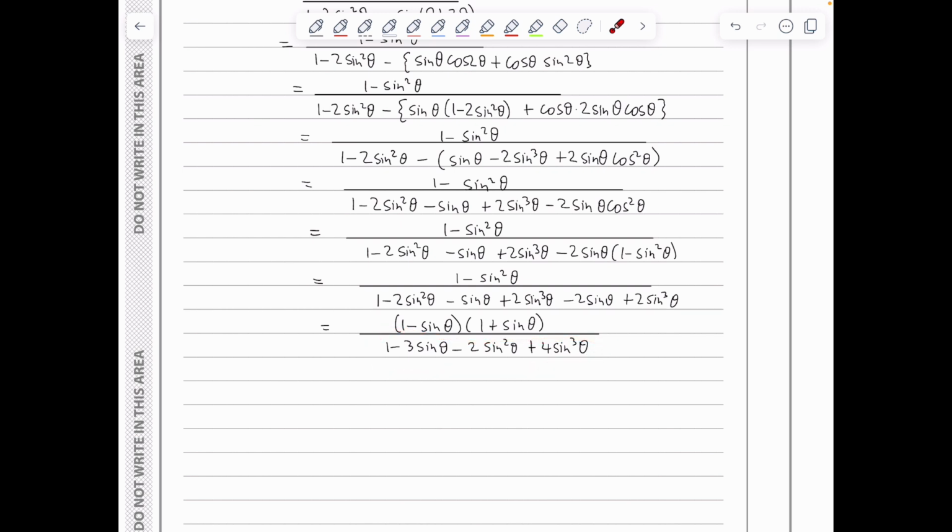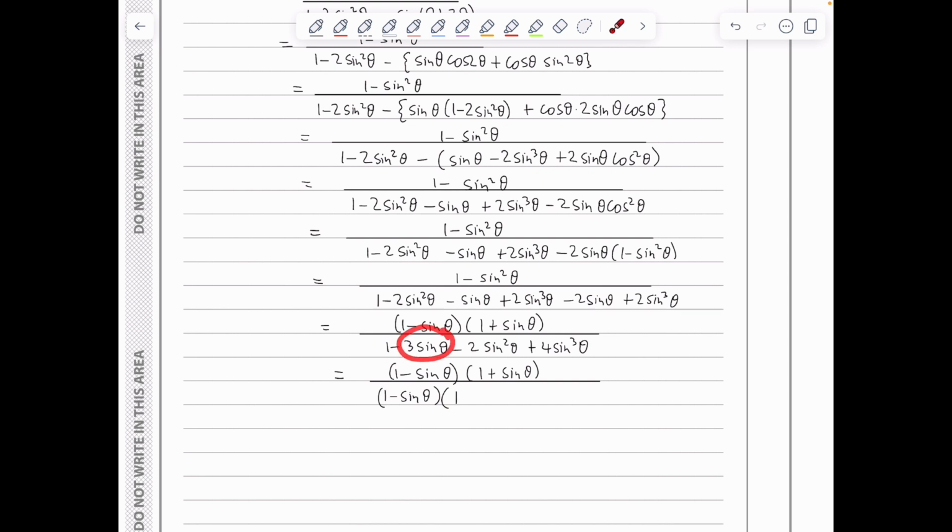in the denominator. So this can be written as 1 minus sine theta times 1 plus sine theta over the 1 minus sine theta. So I'm forcing a factor of 1 minus sine theta, and I'm trying to figure out what will be the other bracket. So I need to get the 1 here. So 1 times 1 will give me the 1 I'm after.